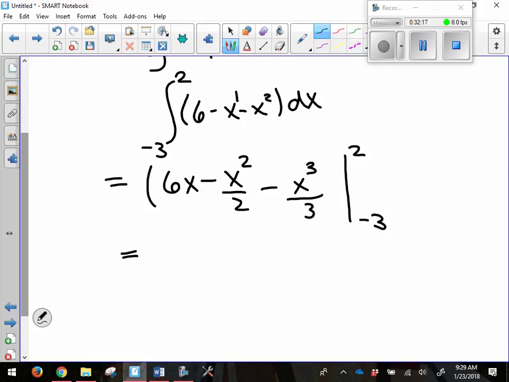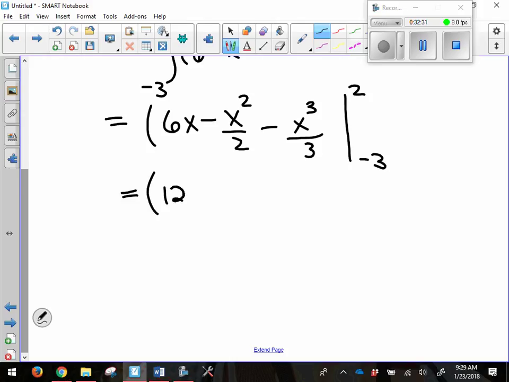Okay? So now I go through and I substitute in my 2's everywhere. So this is going to give me 12 minus 4 over 2 minus 8 over 3, minus substituting in my lower limit.